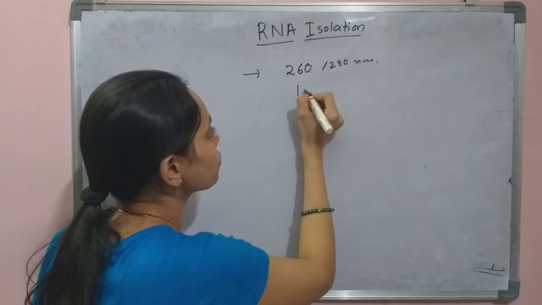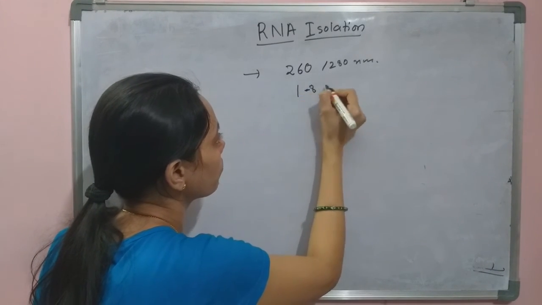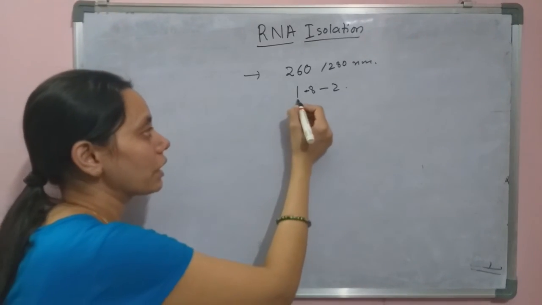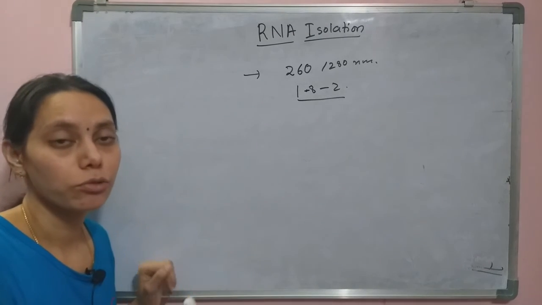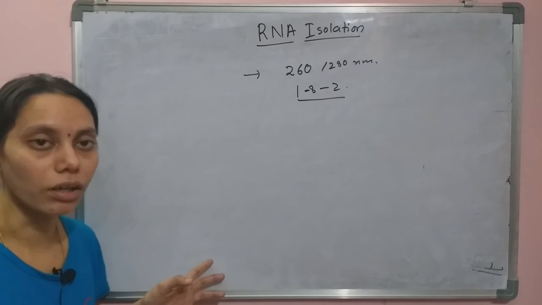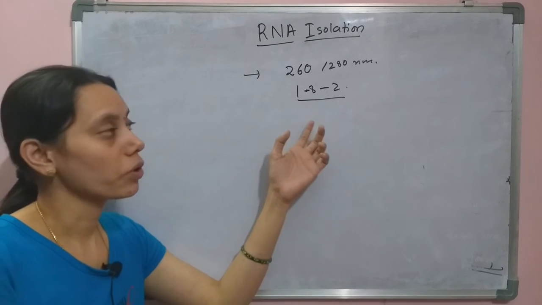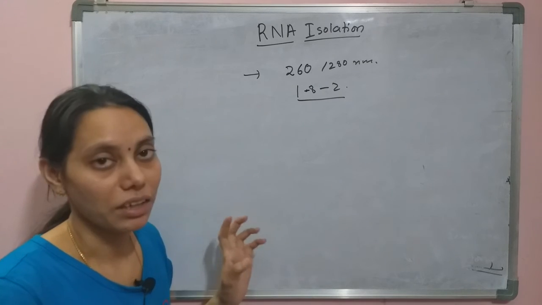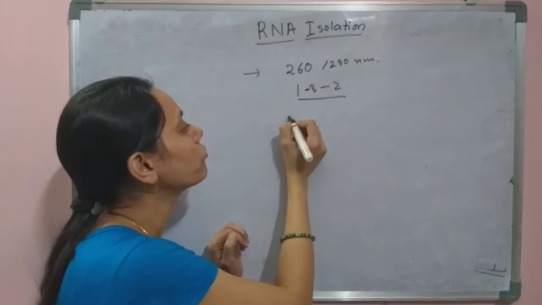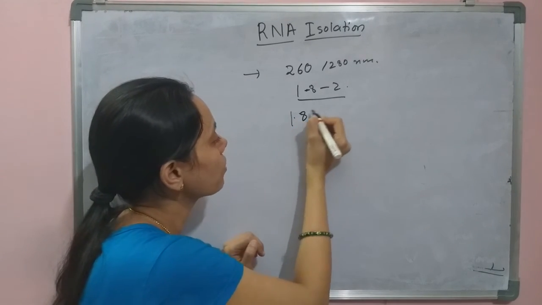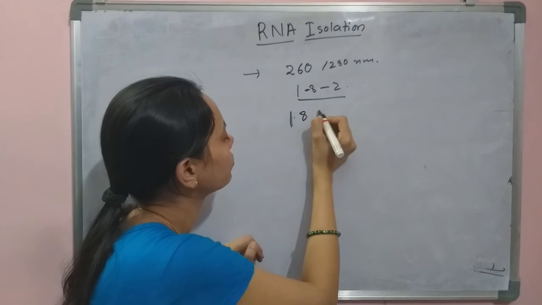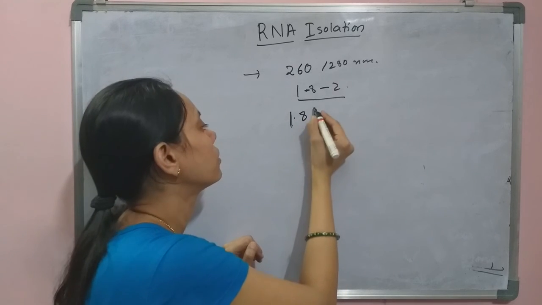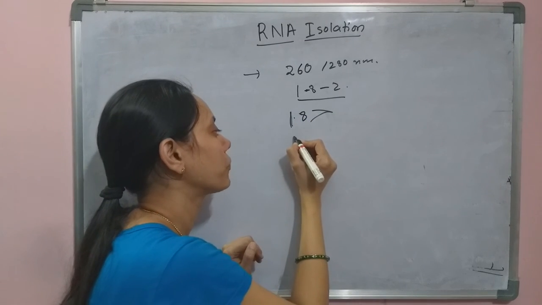It should be between 1.8 to 2. If the value of the 260 and 280 nanometers spec reading is between 1.8 to 2, that indicates the extracted RNA is pure. But what if it is less than 1.8 or more than 2?